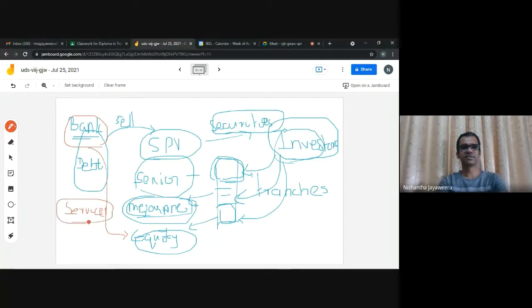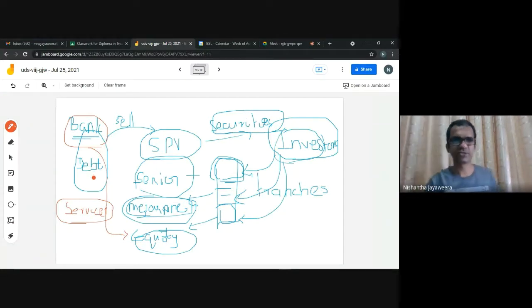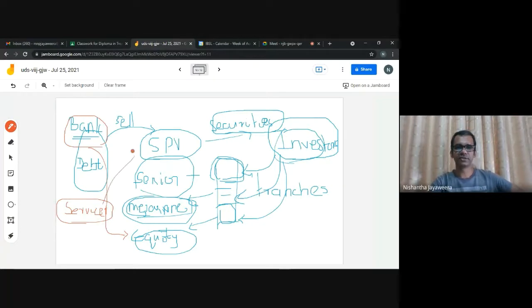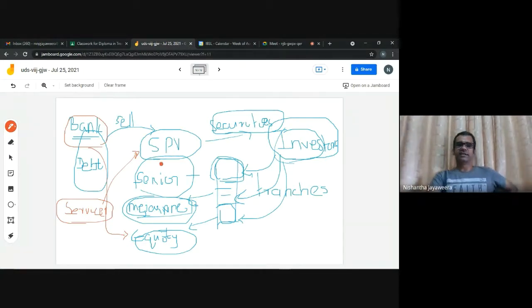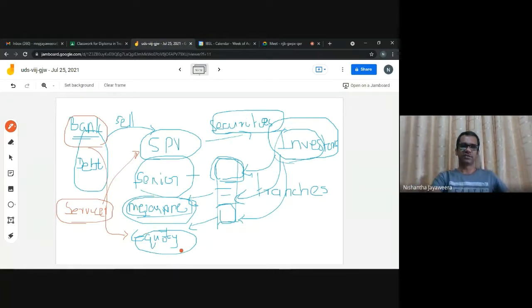The role of the servicer is to collect the monthly cash flow and deliver it to the SPV, which then decides the payments to the senior tranche, mezzanine tranche, and the equity tranche. The bank does not get involved in that process most of the time because the servicer is supposed to do that.